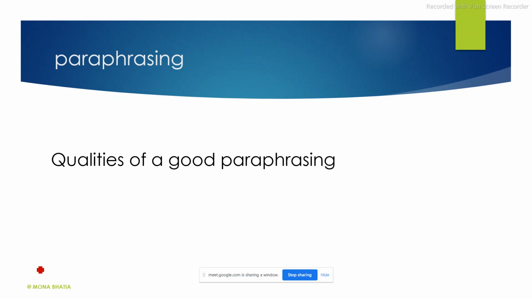As I told you, it's very important that your write-up has to be understandable. It should be clear. It should be in very plain language. And the simplification can be only done with the help of paraphrasing. If you know what paraphrasing is, you will be able to restructure the sentence so that others can understand. You have to also look into your audience, what type of readers you have got.